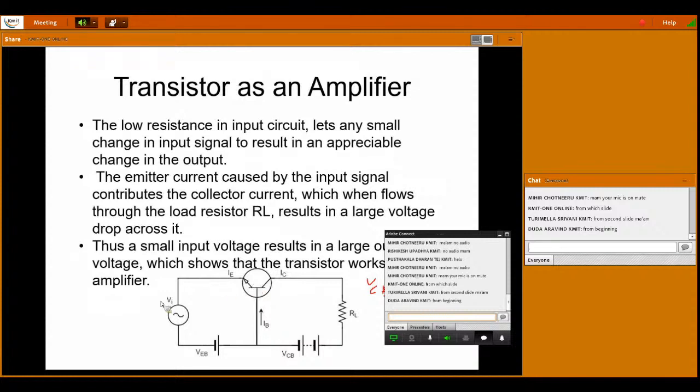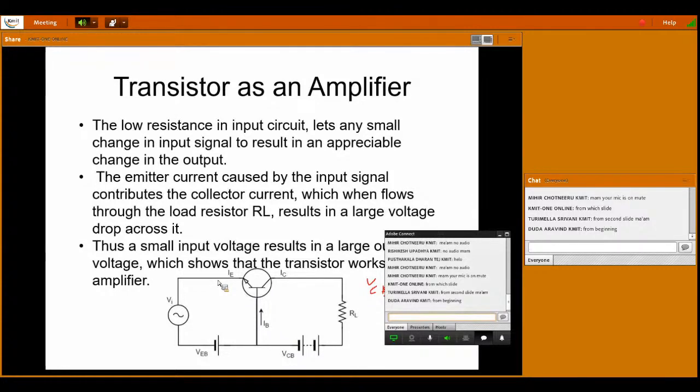Here our input resistance is very low in the common base configuration, since the amount of emitter current is high. When the emitter current is high, the input resistance becomes low. The emitter current caused by the input signal contributes to the collector output current.